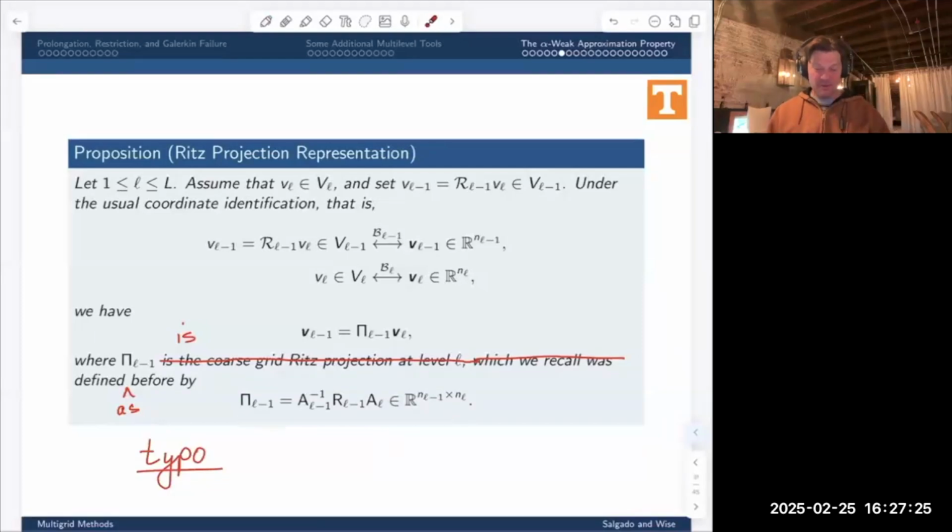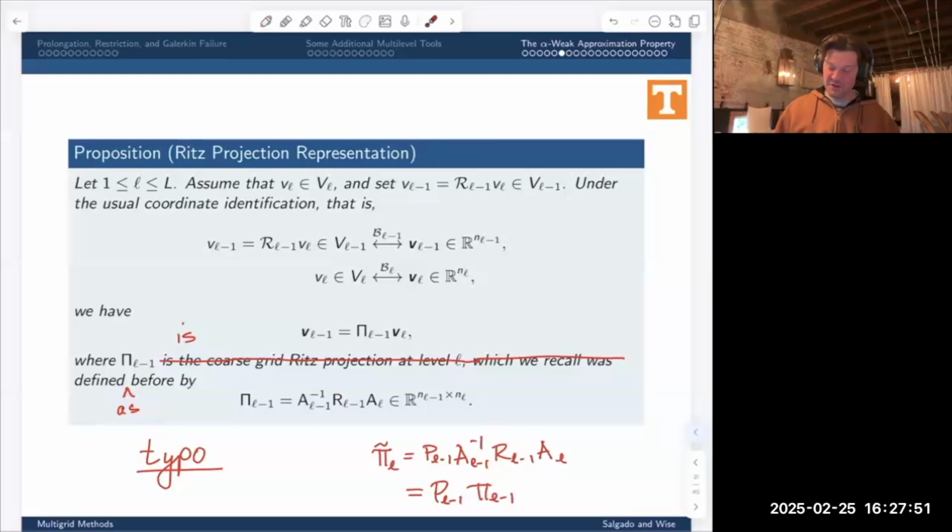All right. So this is kind of related to the coarse grid Ritz projection. You'll recall that the coarse grid Ritz projection matrix actually is pi L tilde, and that's going to be PL minus 1, AL minus 1 inverse, RL minus 1, AL, or in other words, it's just going to be PL minus 1 times that matrix pi L minus 1.